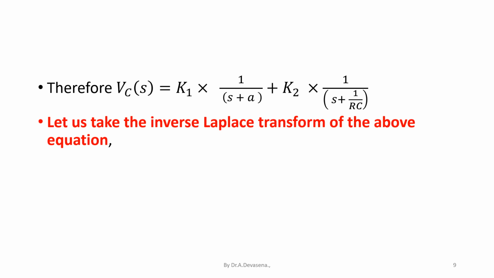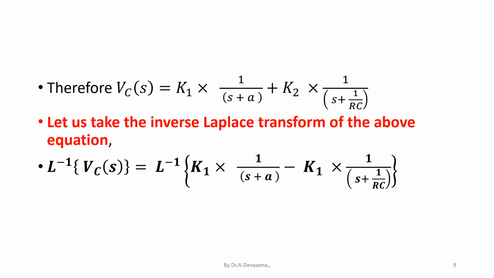Let us take the inverse Laplace transform of the above equation, that is, Laplace inverse of Vc of S is equal to Laplace inverse of K1 into 1 divided by S plus A minus K1 into 1 divided by S plus 1 by RC.